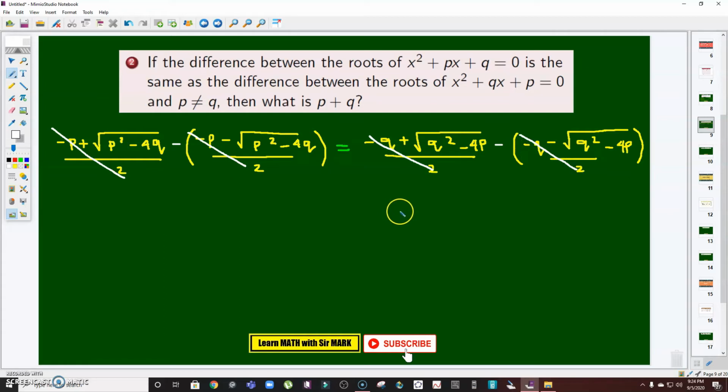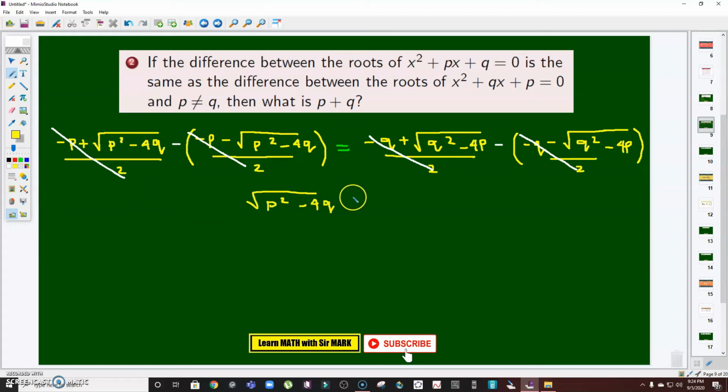Likewise, this is 1/2 of square root of p squared minus 4q, while this one, negative, negative, becomes square root of p squared minus 4q over 2. So 1/2, 1/2, when you combine them, what will be left here is just square root of p squared minus 4q.